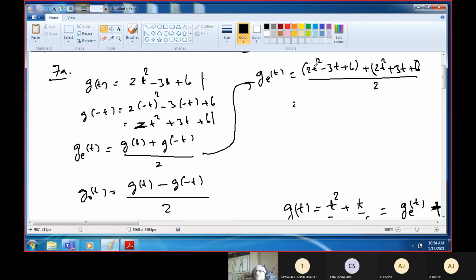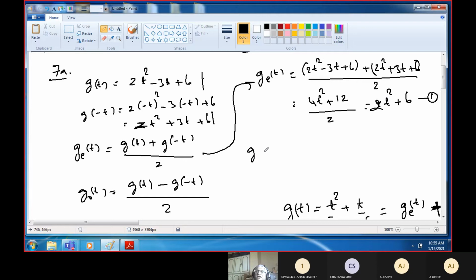So what will this become? 2t square and 2t square, so 4t square. Minus and plus will cancel, plus 12, divided by 2, which becomes 2t square plus 6. So this is your first answer. The even part of the signal is 2t square plus 6.